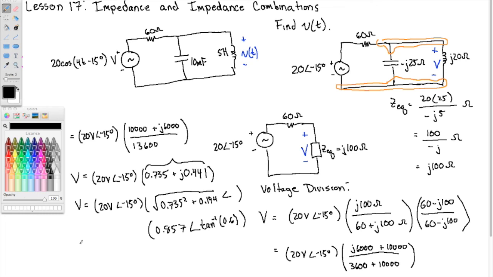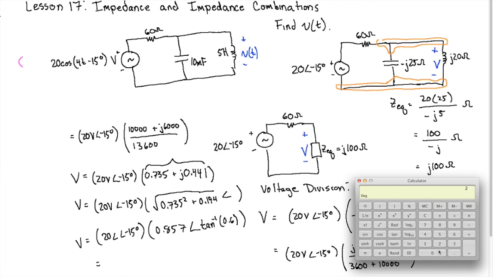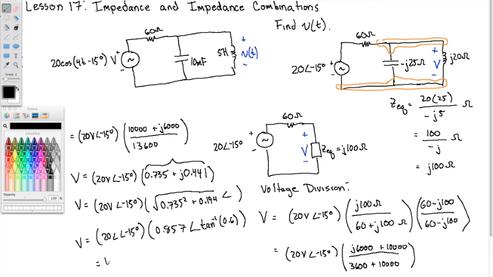Now when I do the multiplication, 20 times 0.857 gives me 17.1 volts, and then my angles add, so I've got negative 15 and the inverse tangent of 0.6. So we'll just say inverse tangent of 0.6 minus 15 degrees.